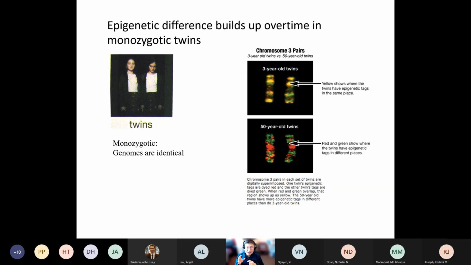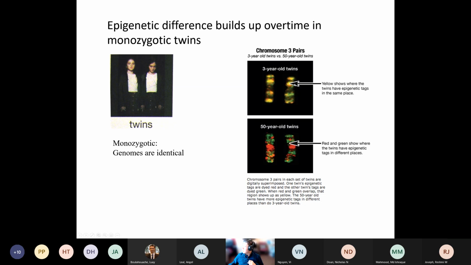So if you take the chromosome samples from these two twins and you do an analysis like shown here, something is very interesting. Here on top of these two pictures, that's the samples from 3-year-old monozygotic twins.